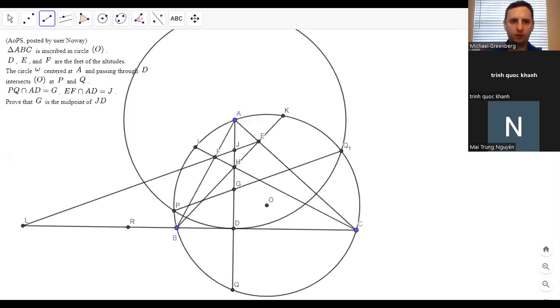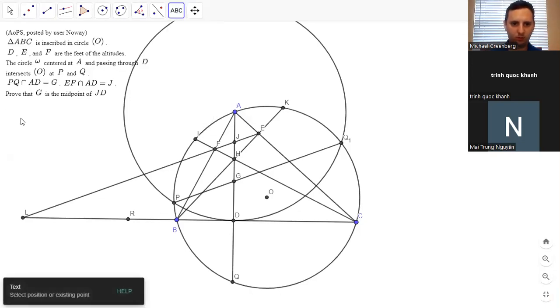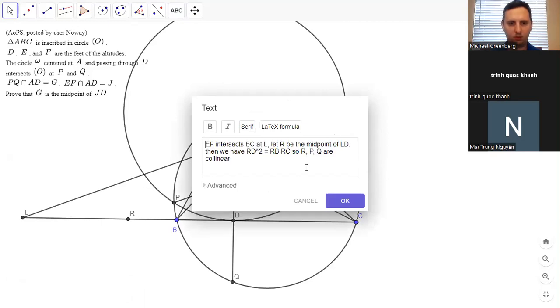All right. So let EF intersect BC at L. Let R be the midpoint of LD. All right.